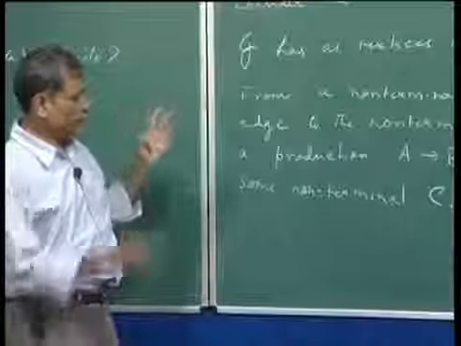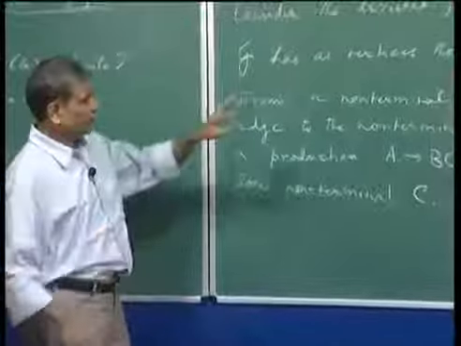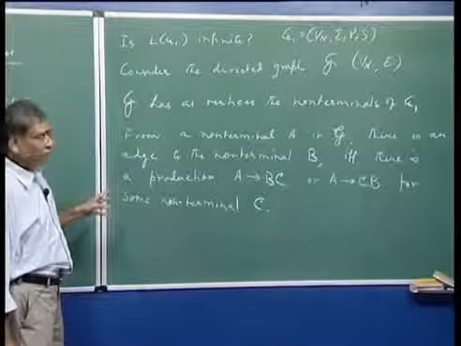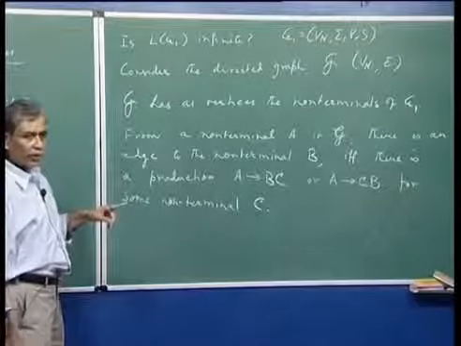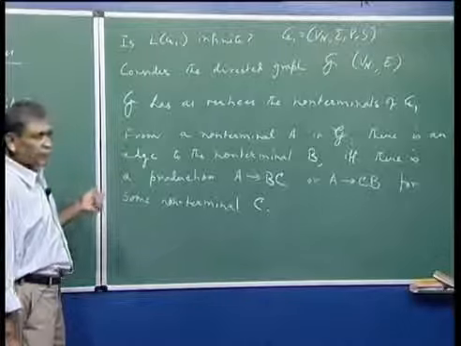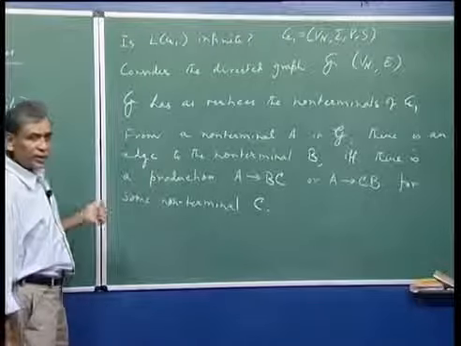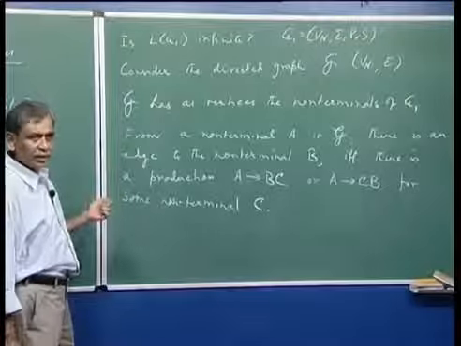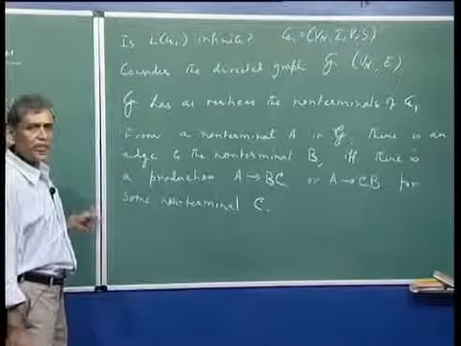So, what we are saying is this: in this graph that we are building, there will be an edge from a non-terminal A to non-terminal B if there is a production in which A occurs on the left hand side and B occurs on the right hand side of that production.